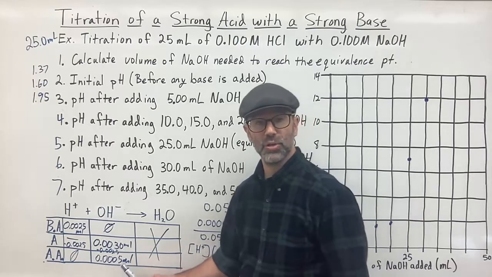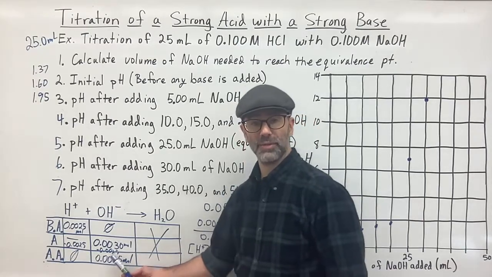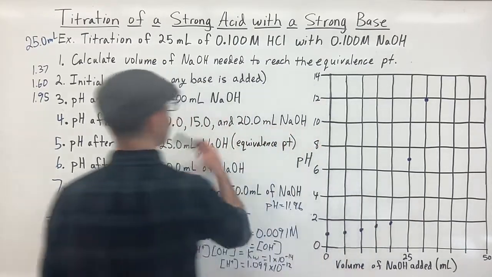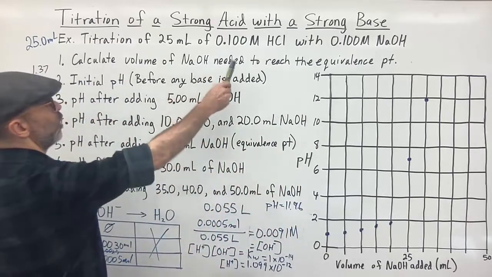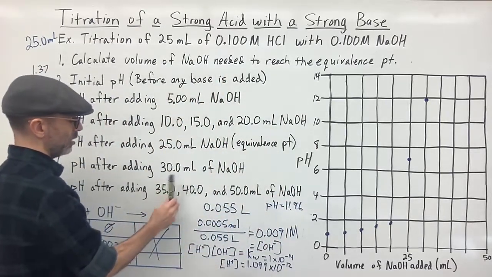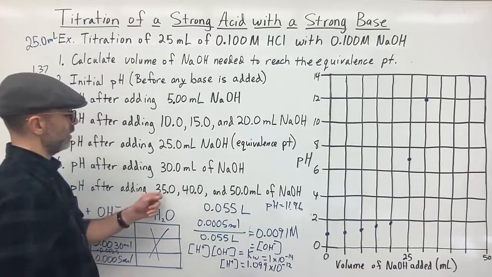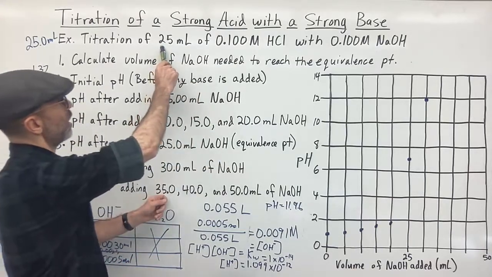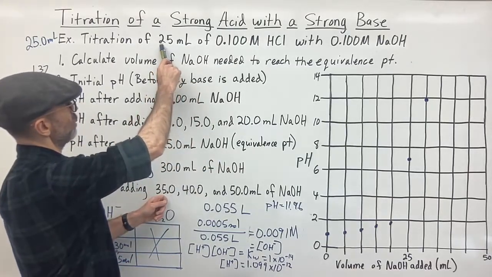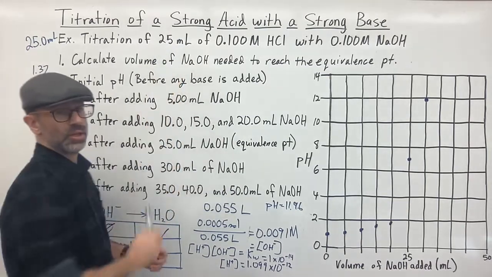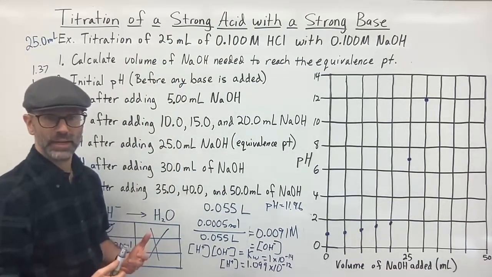You would then find that amount left over, and calculate the new volume. So if you're adding 35 milliliters, then that's going to be added to 25, and instead of 55, you're going to have 60 milliliters, and then you use that to find the concentration.